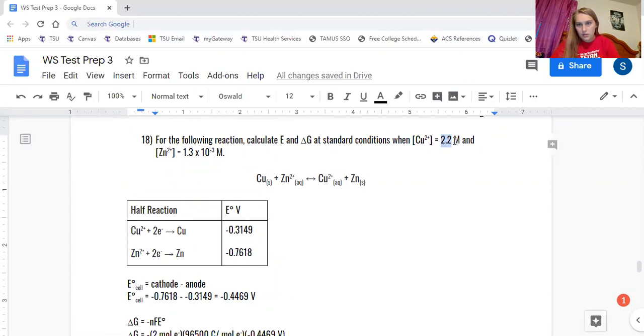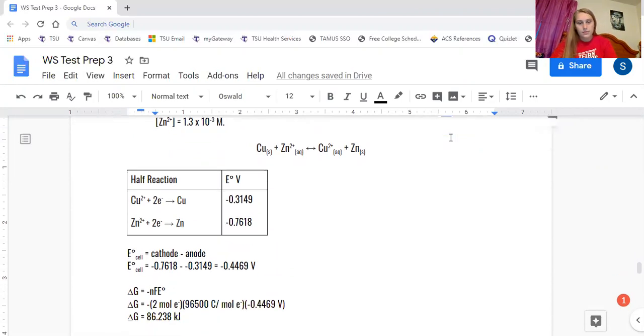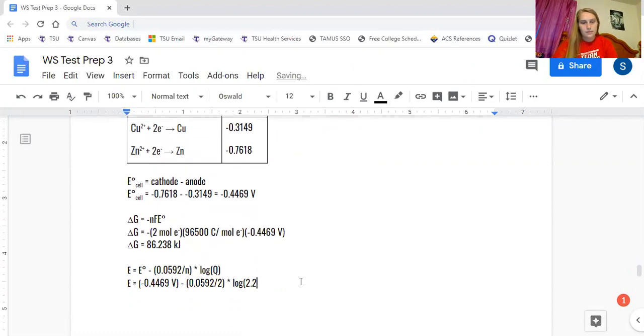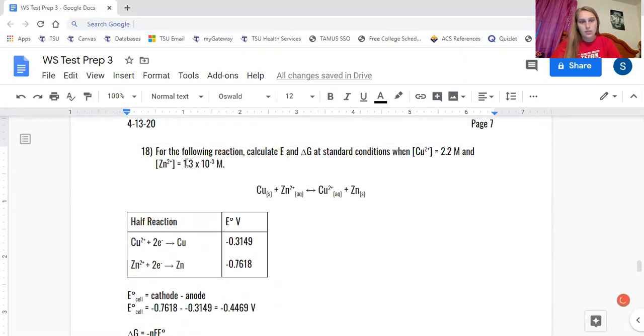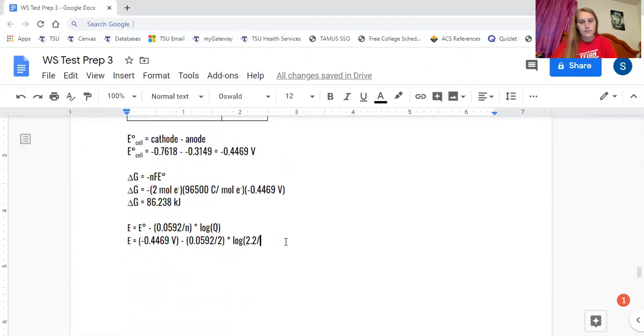It's going to do 0.22 divided by the reactants. So it's right here. And if you solve all that out, you come up with your E value of negative 0.37161 volts.